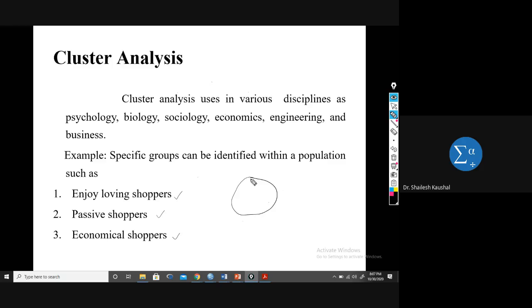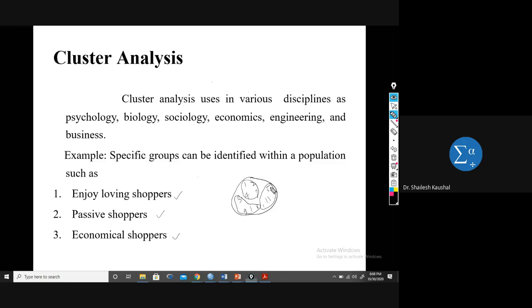So this is the heterogeneous type of buyers, like 1, 2, 3, 4, 5, and so on. The same nature of people we club into one segment or one cluster, and another same nature of people we combine in another cluster.